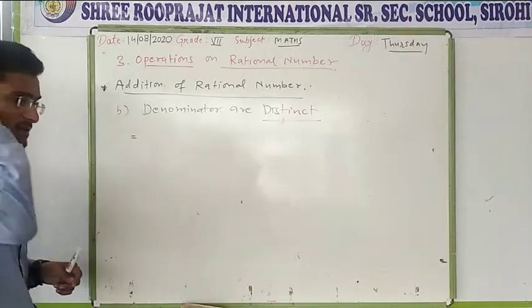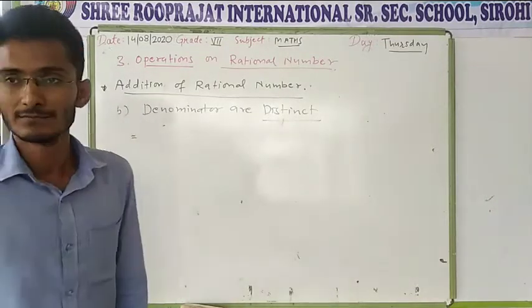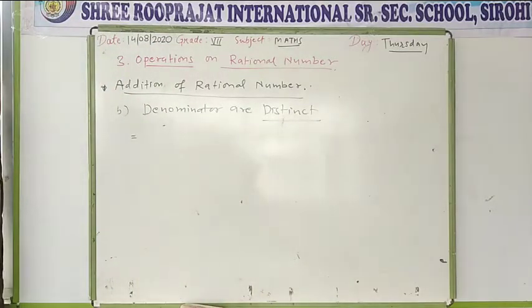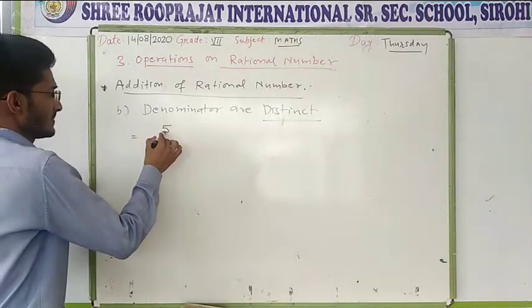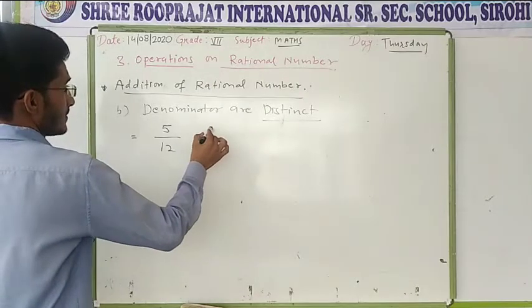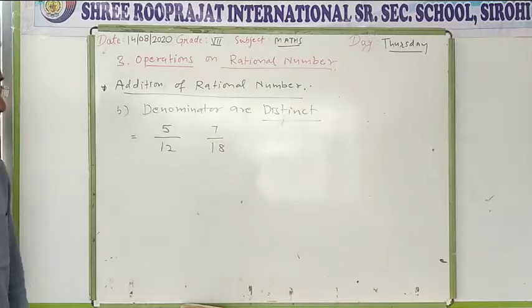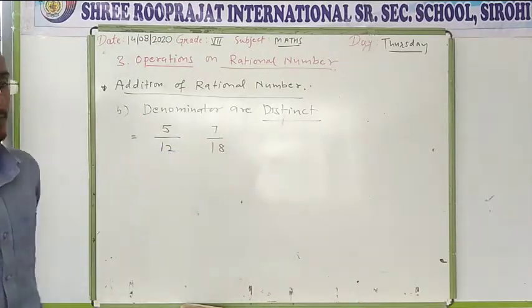Suppose again we talk about an example. Suppose the example is 5 by 12 and 7 by 18. You have to add both rational numbers.